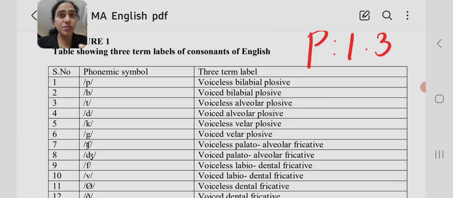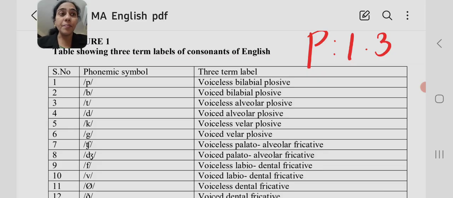So it comes under bilabial, two lips involved. So it is voiceless and it is bilabial. And next, with p there is a holding back of the air and a sudden release. So it comes under plosive. Very good. So the three-term label which we can give to it is voiceless bilabial plosive.